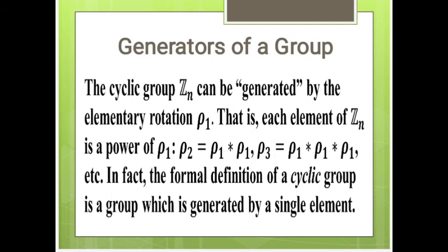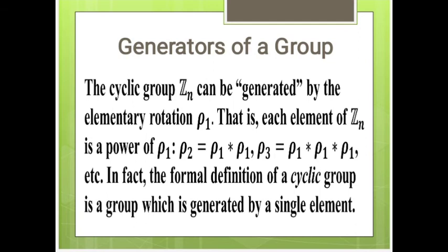The cyclic group Z sub n can be generated by the elementary rotation rho sub 1. That is, each element of Z sub n is a power of rho sub 1.